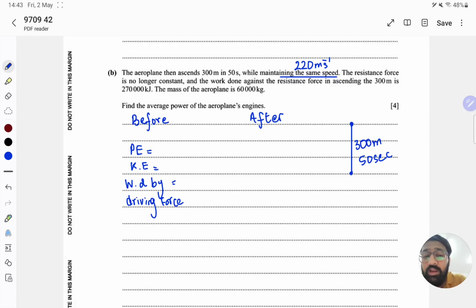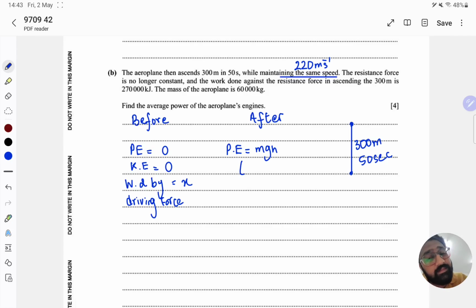They all come in the before part. In the before part, the potential energy will be 0, and so will be the kinetic energy in the start, and the work done by the driving force we need to calculate. Let's mark it as X. In the after journey, let's write down the potential energy. The object is ascending 300 meters up, so we will apply mgh.